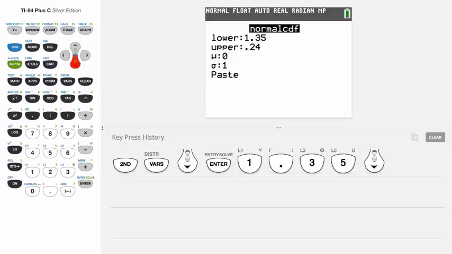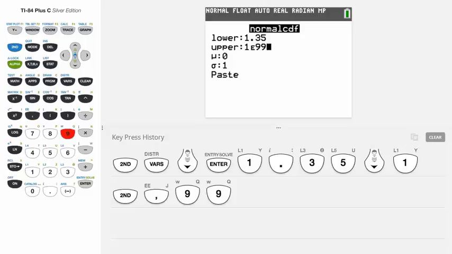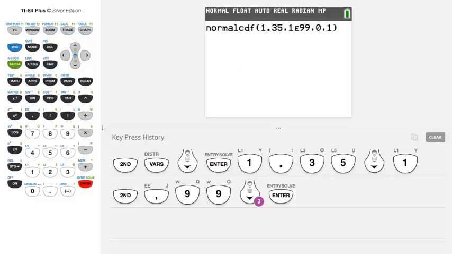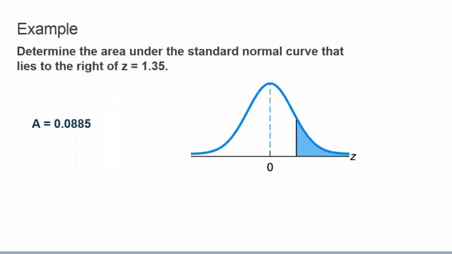So 1, second, comma, is my scientific notation, and I'm going to type 99 as the exponent. I want my mean to be 0, my standard deviation to be 1, then enter, enter again, and I also get 0.0885. So A equals 0.0885.